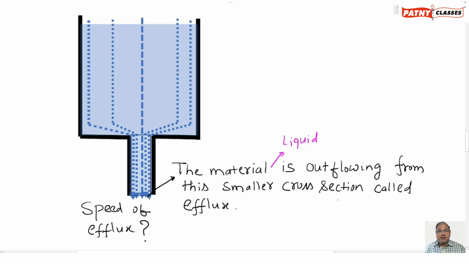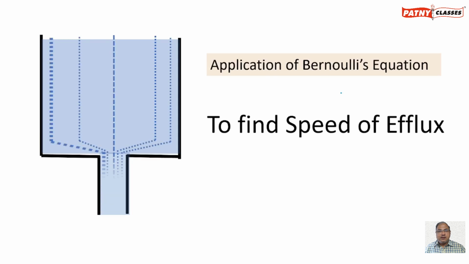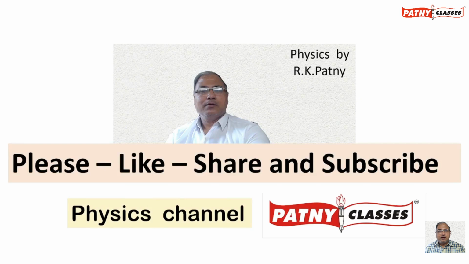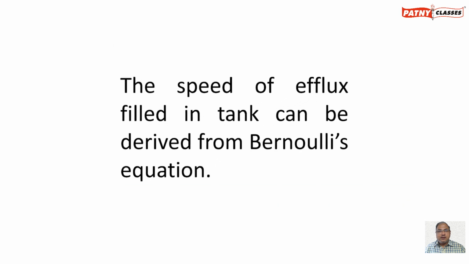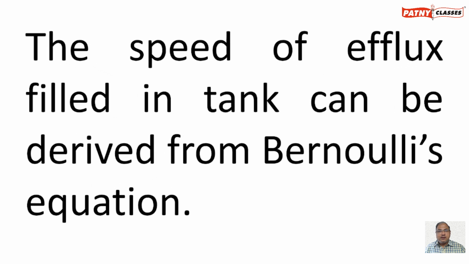So that liquid which is flowing out from this smaller cross section is called efflux. We need to find the derivation expression to find the speed of efflux. The speed of efflux from the tank can be derived from Bernoulli's equation.